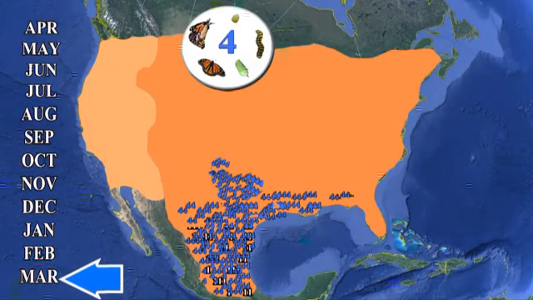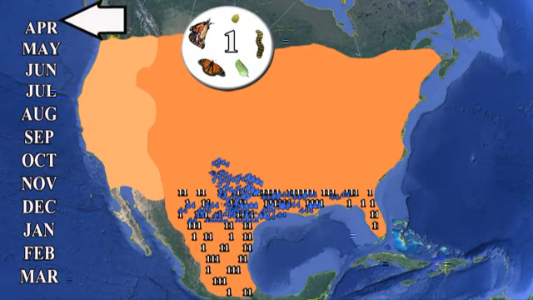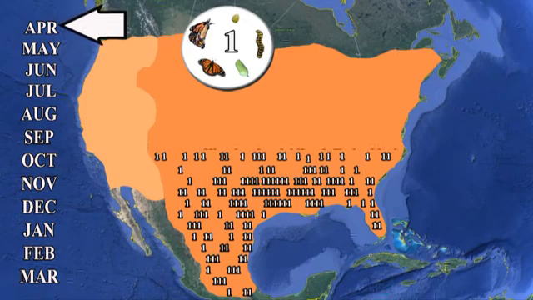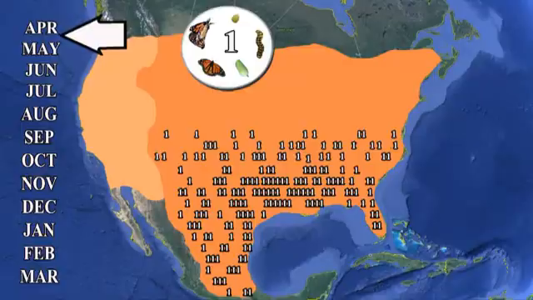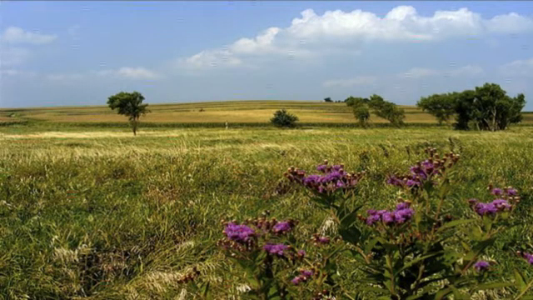Now the first generation begins to repopulate the eastern U.S., heads to the Midwestern states of Indiana, Tennessee maybe, Iowa, and continues to do that for a normal butterfly generation of maybe 6 weeks.